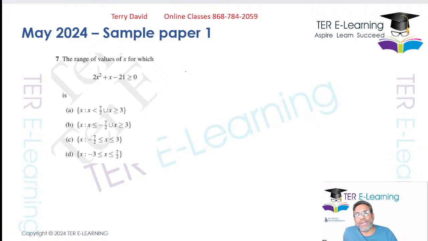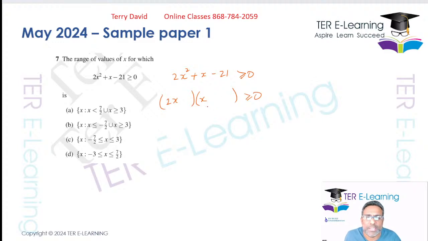Question 7 here, we have another quadratic inequality, 2x squared plus x minus 21 greater than or equal to 0. So in this case, we're going to have to factorize this. So this is going to be 2x, x here, and let's see, it has to be a 7 and a 3.